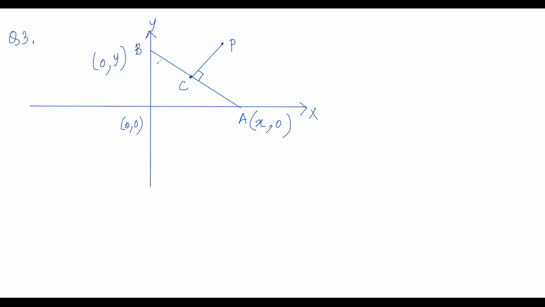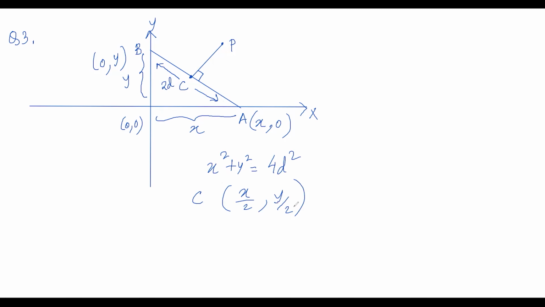Now from the given conditions, this length AB is of length 2d, and since we have taken the coordinate of A as x comma 0, this length is x and this length is y. And so from Pythagoras theorem we have x squared plus y squared equals 4d squared, and the coordinates of C are x over 2 comma y over 2.